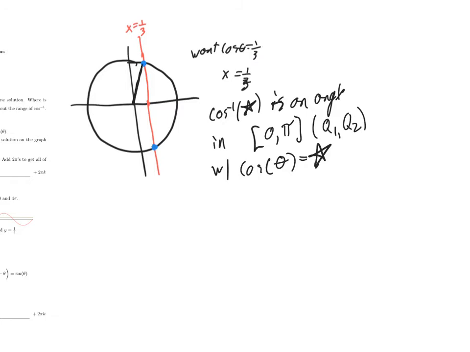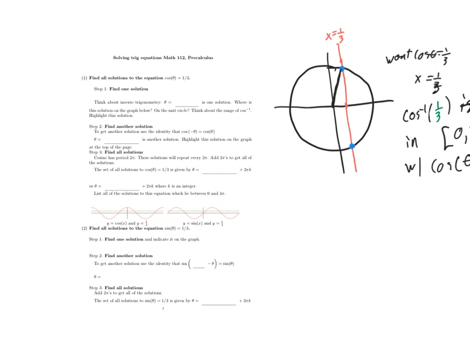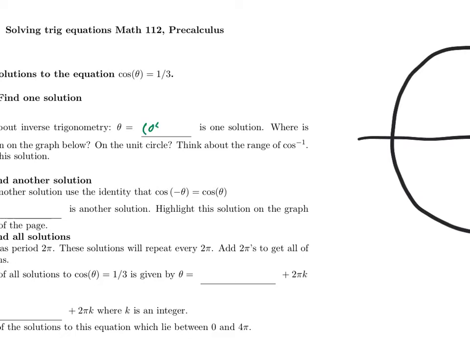This angle appears to be an angle in quadrant 1 for which cosine is equal to 1/3. So maybe said explicitly, the inverse cosine of 1 over 3 is an angle in between 0 and pi, with cosine of theta equal to 1 over 3. So, one solution is given by inverse cosine of 1 over 3. Nice.